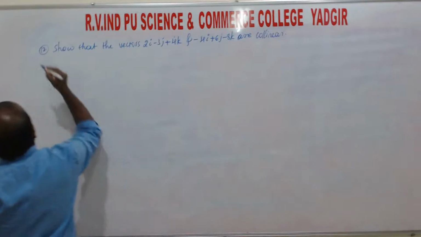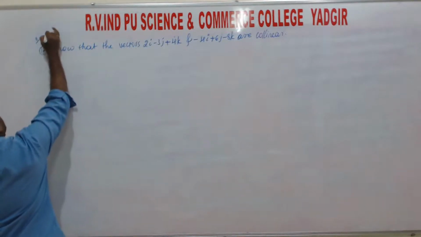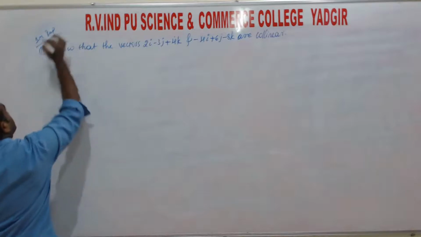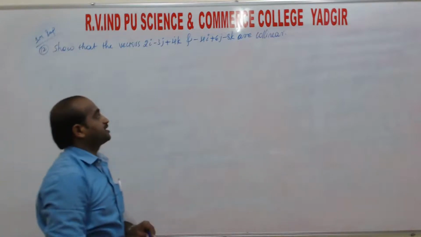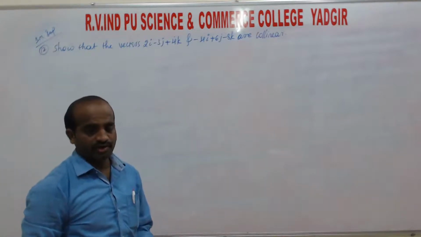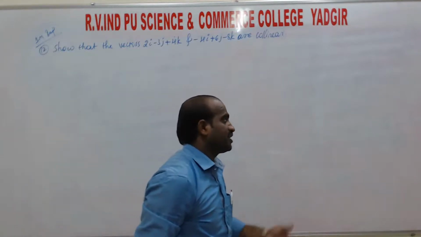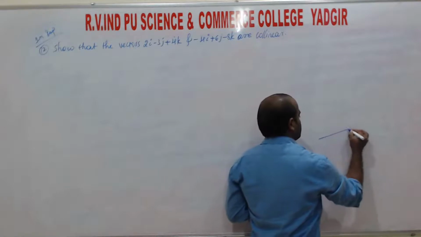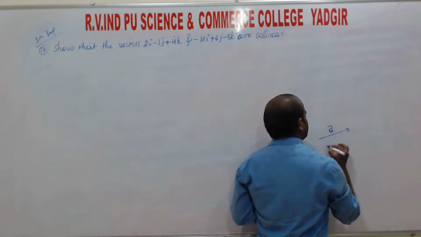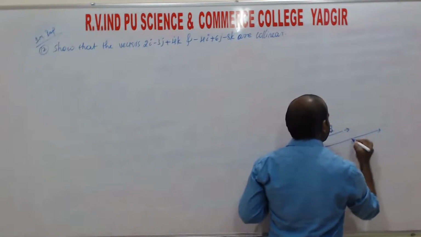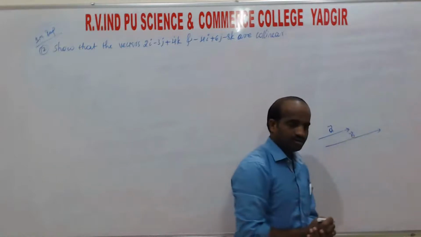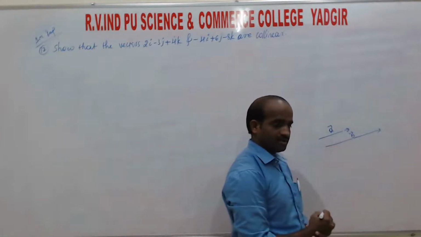This question is one more important. Show that the vectors a vector and b vector are collinear. I am telling you, in a scalar multiple of a vector, a vector and b vector are collinear. This one is a vector, this one is b vector. These two vectors are collinear.